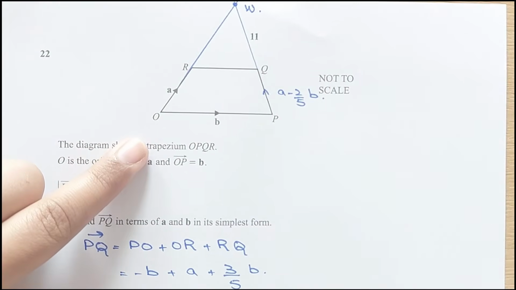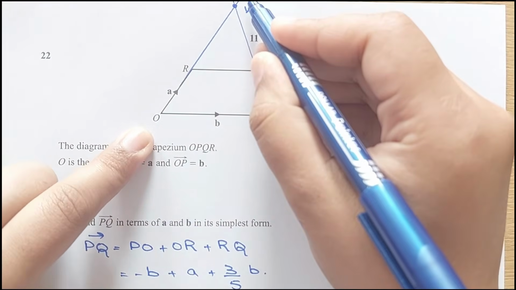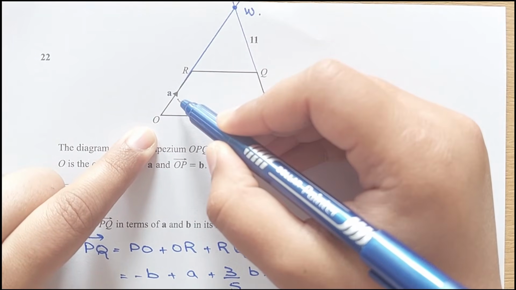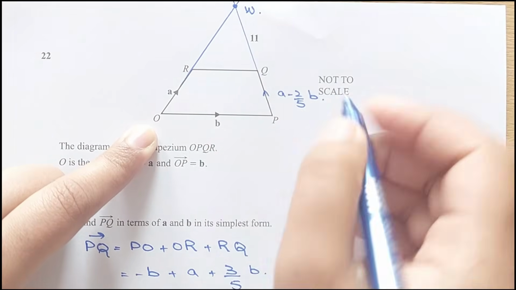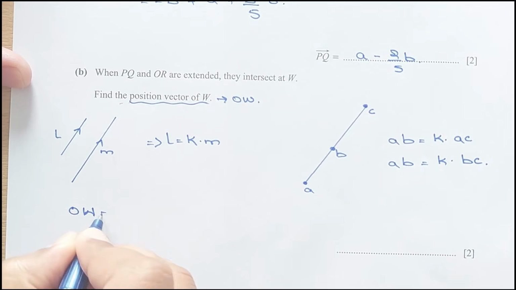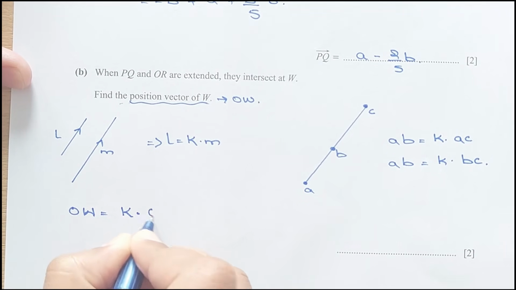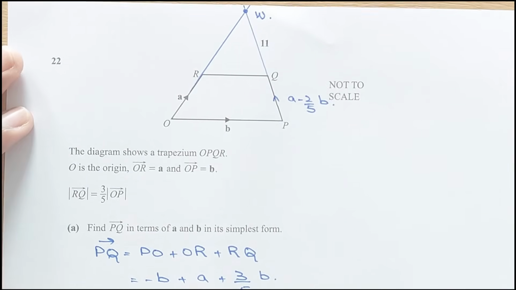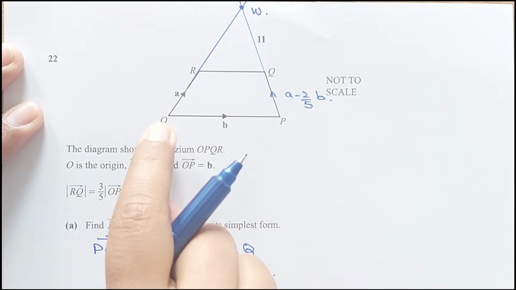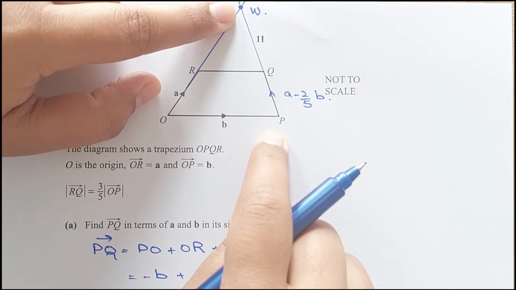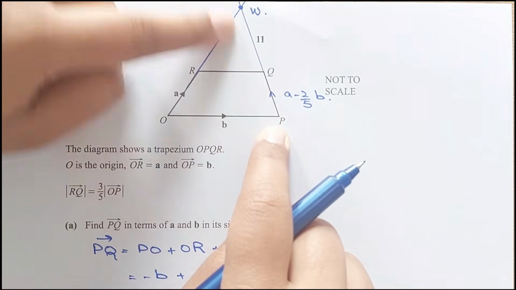Okay, so as you can see, what is OW? OW is some constant multiple of OR. OR is equal to a, right? That is my first equation. So let me write this down here. OW is some constant k times OR, and OR is a, right? Okay, and O to W follows the path O to P and P to W. The three points lie on one line, collinear points.